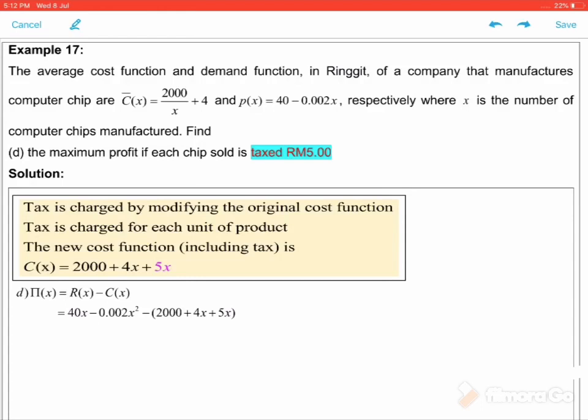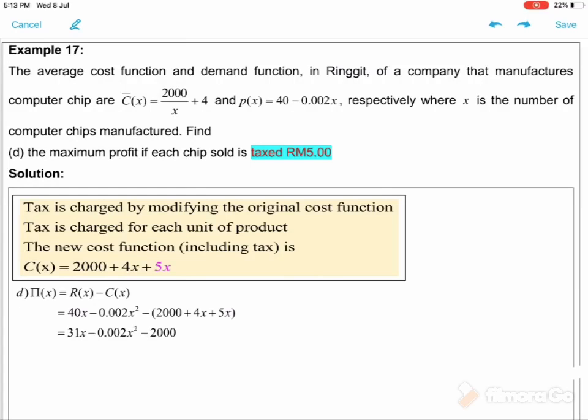After we simplify, we will get 31x minus 0.002x squared minus 2,000.